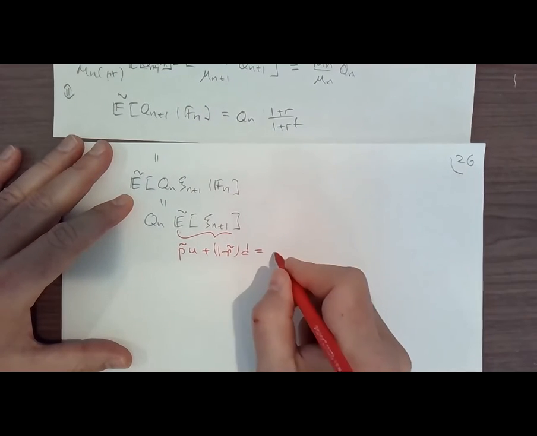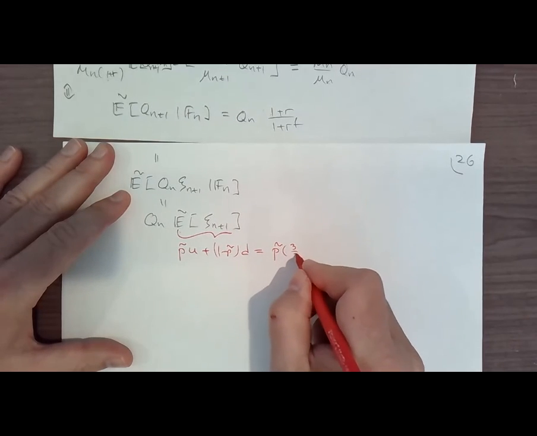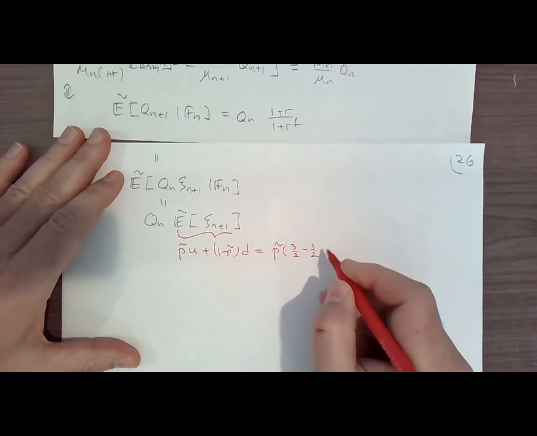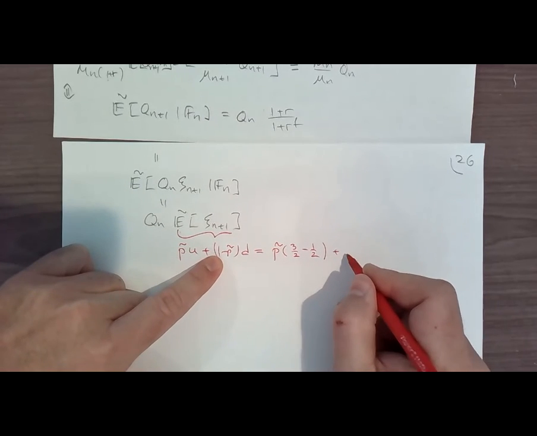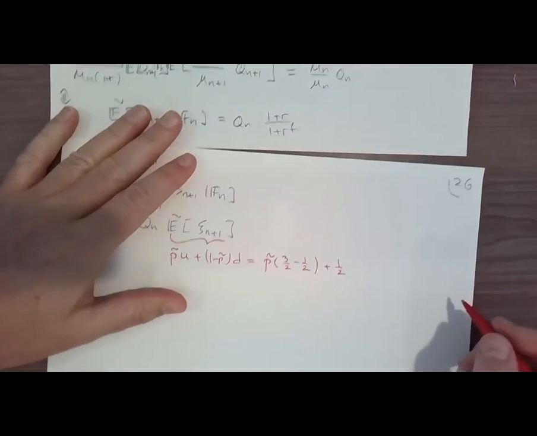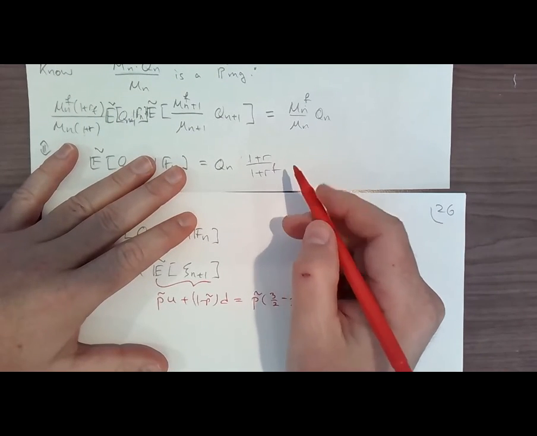This is P tilde. U was 3/2, D was a half.